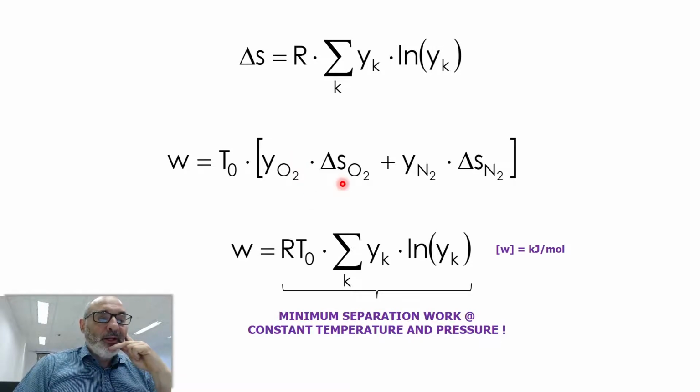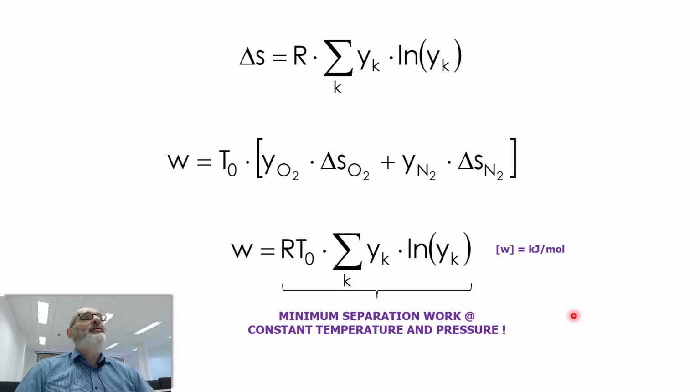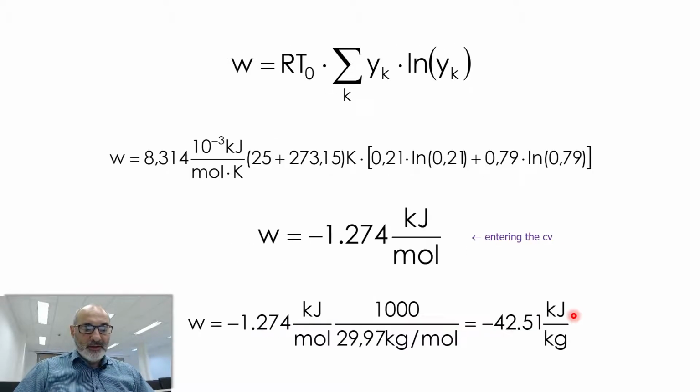By calculating each delta S, as we already saw, we get this final formula. When we apply it, we get the minimum separation work at constant temperature and pressure for an ideal gas. This is a very interesting formula that's applied to our atmosphere, to our problem.